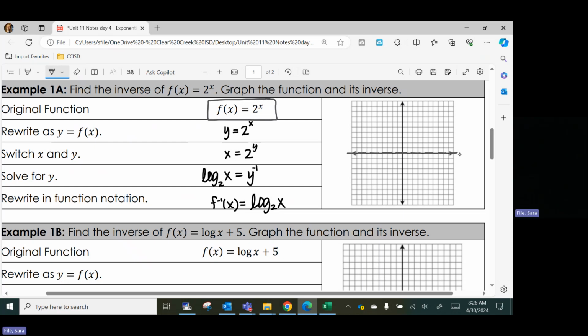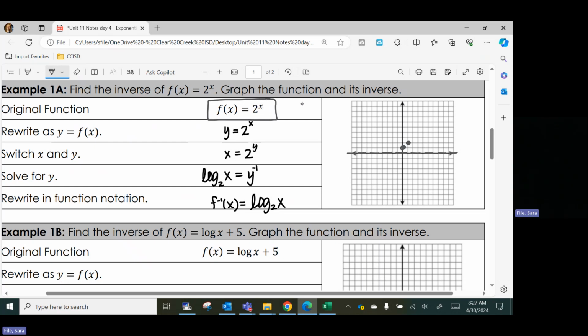Okay, they have a y-intercept at 1, and that's because if I input a 0, anything to the 0 power is 1. So if I input a 0, I get an output of 1. So 0, 1. Now, if I input a 1, what's 2 to the first power? So if I input a 1, I get an output of 2. So there's a point at 1, 2. If I input a 2, what's 2 squared?